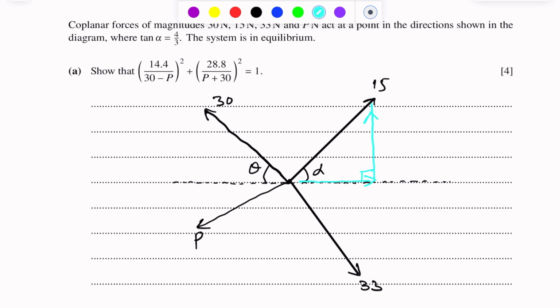This angle is 90 because these are rectangular components. Now this is 15 sin alpha, and this component is 15 cos alpha.